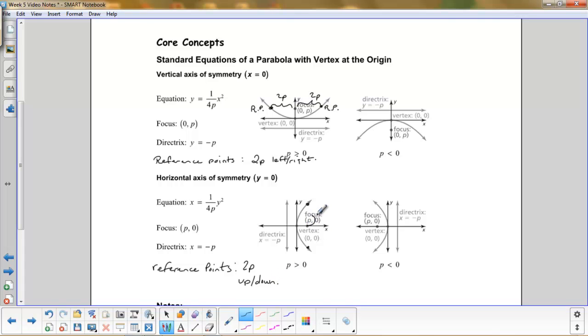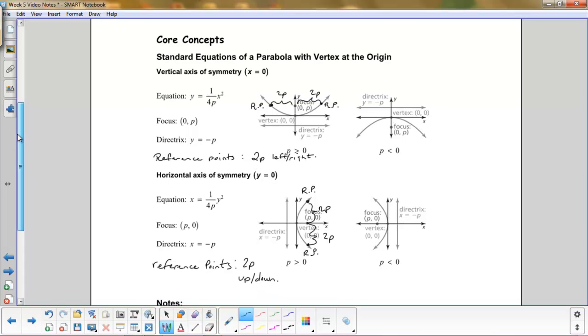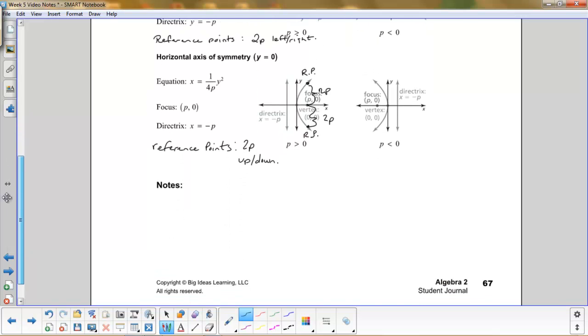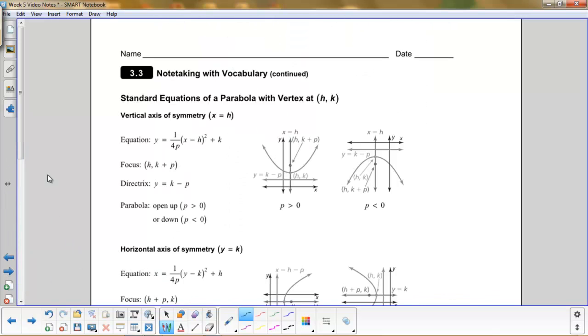So your reference points are here, 2p, and your reference point is here, 2p. And I'll label those RP. Very important, because otherwise you wouldn't be able to know the actual accurate stretch or compression on your conic section parabola. All right, so keep that in mind as we move forward.